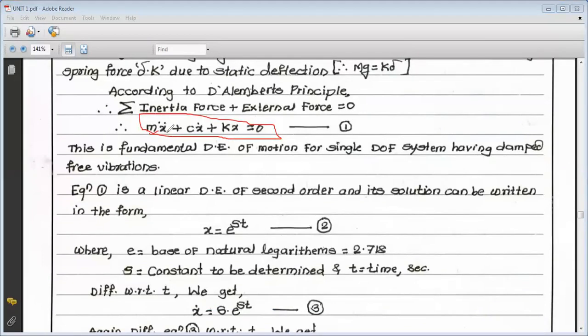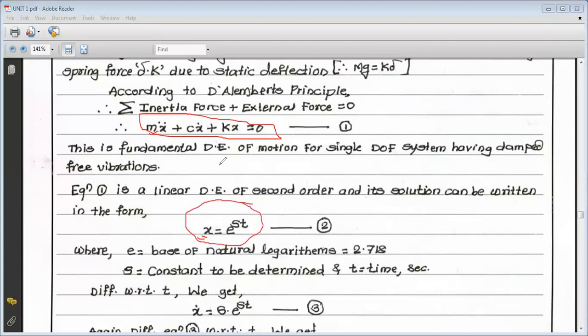It is a linear differential equation of second order because of x double dot, that is d2x by dt square. Its solution, the displacement x, can be written as x equals e raised to st. This is the fundamental solution of this second order differential equation.